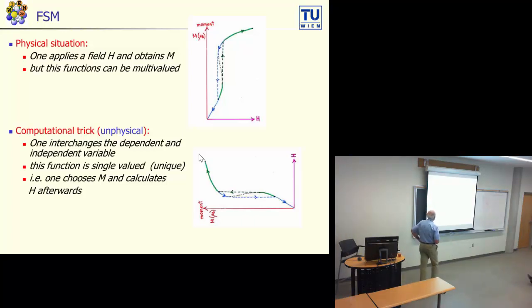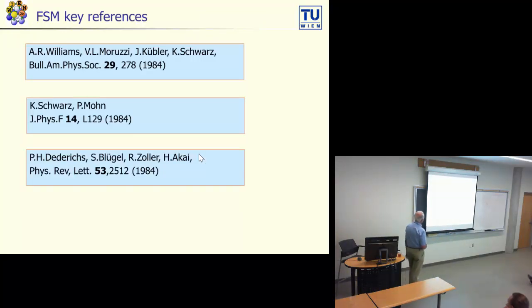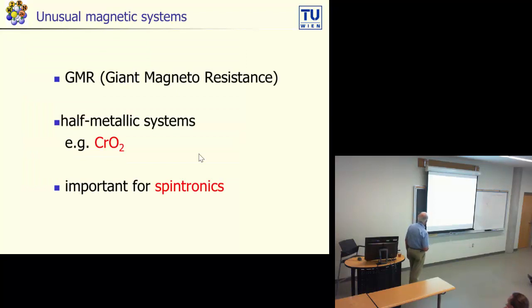Mathematically speaking, you interchange the dependent and independent variables. So you say, I fix the moment, and now I compute the field afterwards. This is unphysical, but from a computational point of view, the easy way. I fix the moment and compute afterwards which field would be required to obtain this moment. That can be done, and that has been done in these papers.